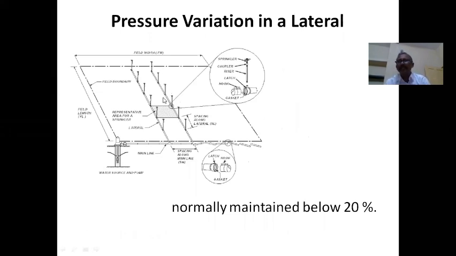So how much pressure variation in a lateral is allowed as per the recommendation is 20%. A 20% variation is accepted. Above that, it is not accepted.